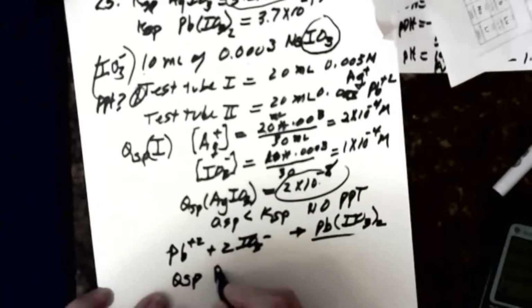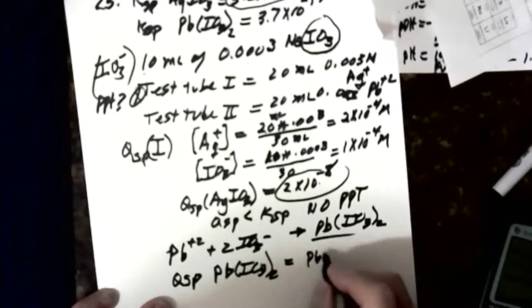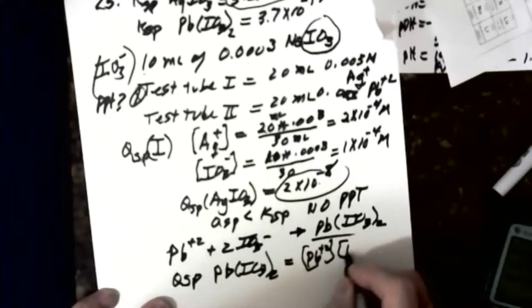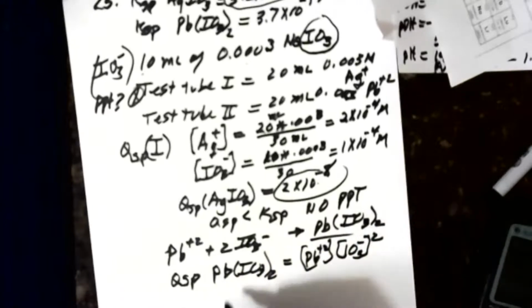So now I want to look at the QSP for Pb(IO3)2. That's going to be equal to the Pb concentration times the IO3- concentration squared. So I need these two concentrations. So let's get the Pb2+ concentration.